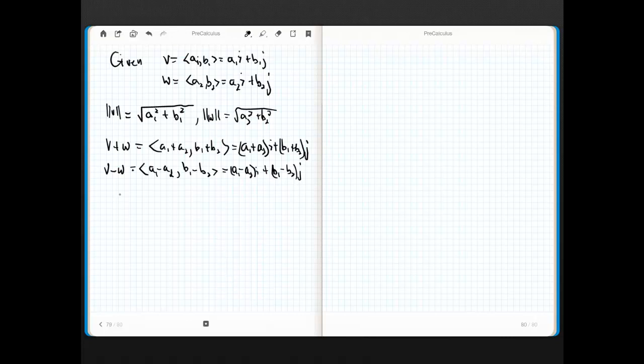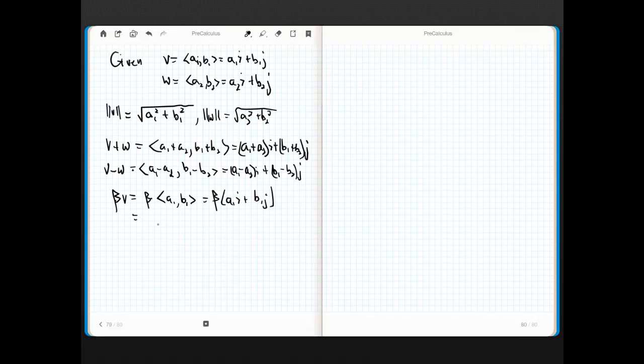Okay? Now, what if I multiply through by a scalar? I'm going to use beta because my A's look too much like alphas. Let's say beta times V. Well, really what that is, is beta times A1, B1, or beta times A1i plus B1j.